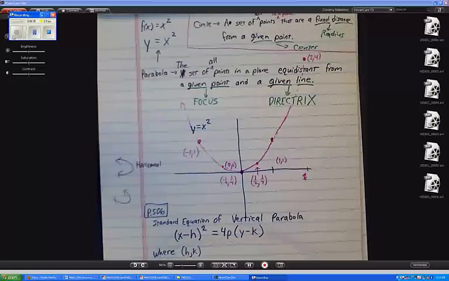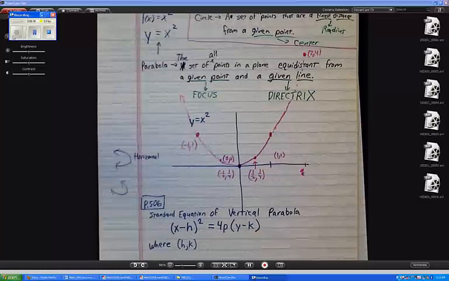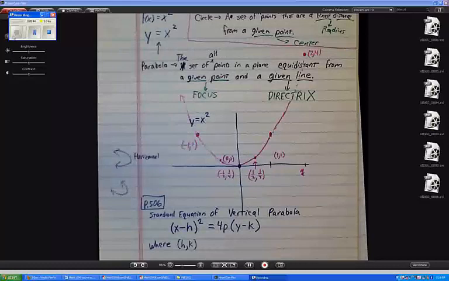H comma k, any idea what that's going to be? We've got to guess. It's either the focus or the vertex, right? But I think you're going to know what it is, because we've dealt with h and k before.